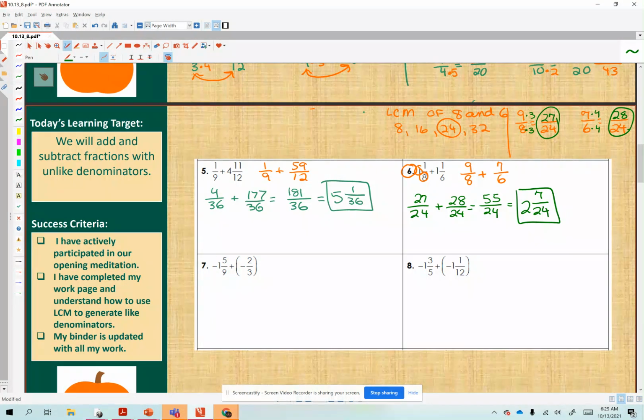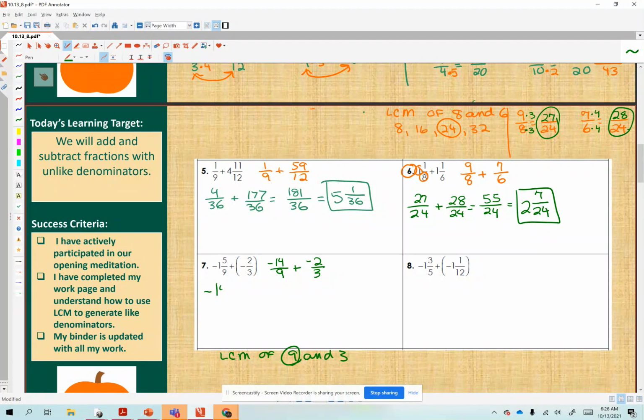First we'll convert the first fraction to an improper fraction. 9 times 1 is 9, plus 5 more is 14, so we will rewrite that as negative 14 over 9 plus negative 2/3. Now we need a least common multiple of 9 and 3. Well, 9 is a multiple of 3, so 9 can be our least common multiple.